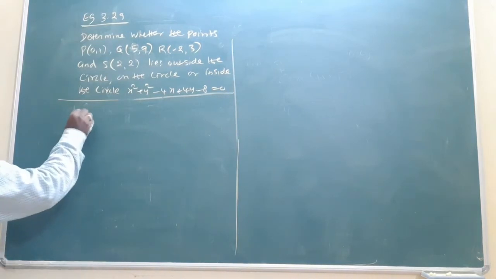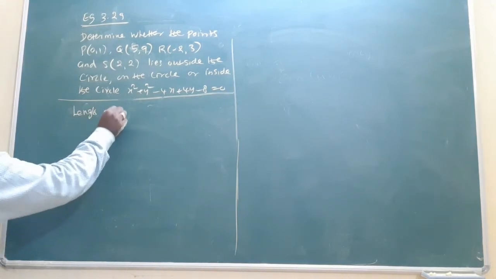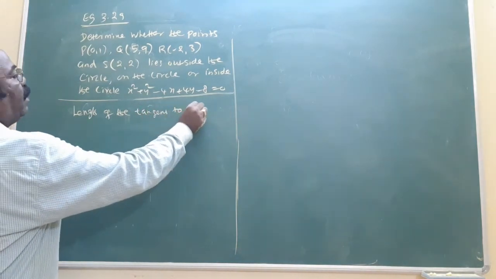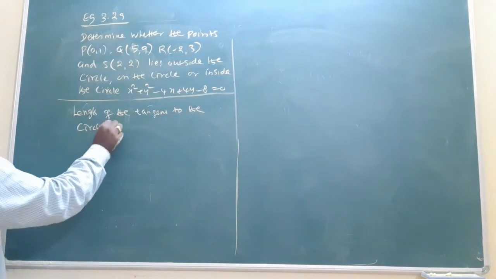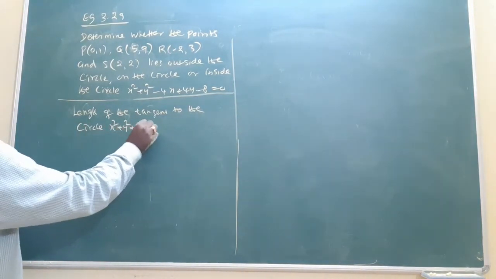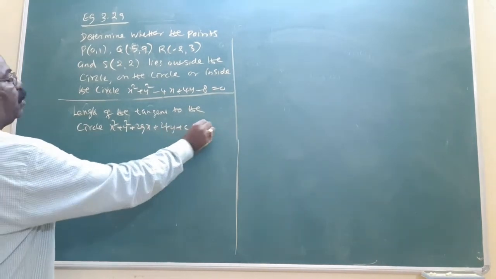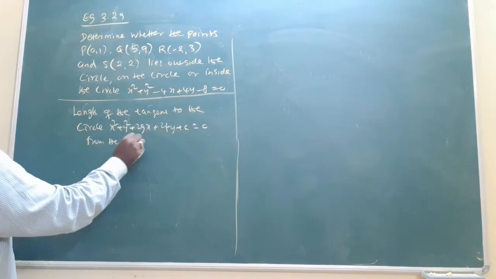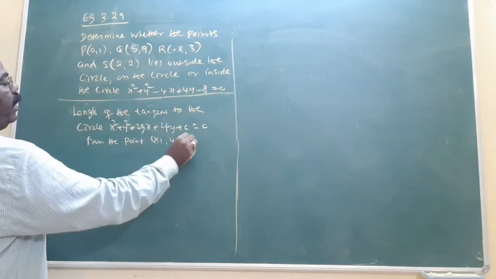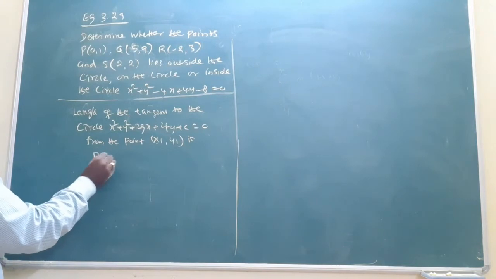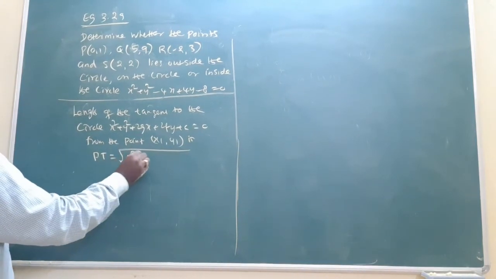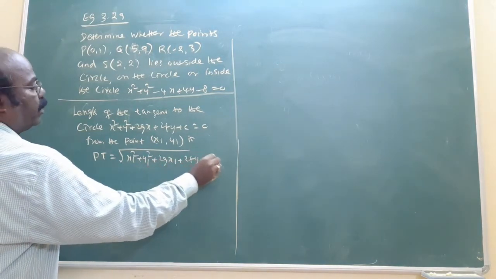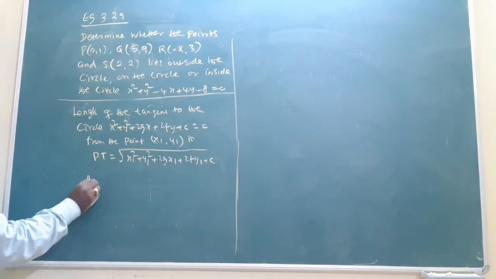First, the formula: the length of the tangent to the circle x square plus y square plus 2gx plus 2fy plus c equal to 0 from the point (x1, y1) is PT equal to root of x1 square plus y1 square plus 2gx1 plus 2fy1 plus c. This is the formula.